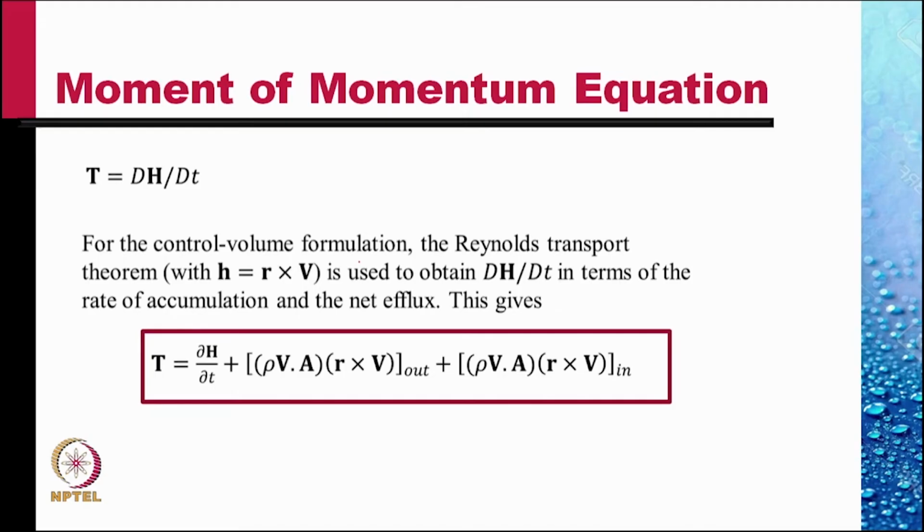So we get the equation for a control volume as T is equal to dH by dt, which is the rate of accumulation of momentum within the control volume, plus the net efflux of momentum across the control surface at the inlet and outlet. We again would use the same sign conventions as we use for momentum.